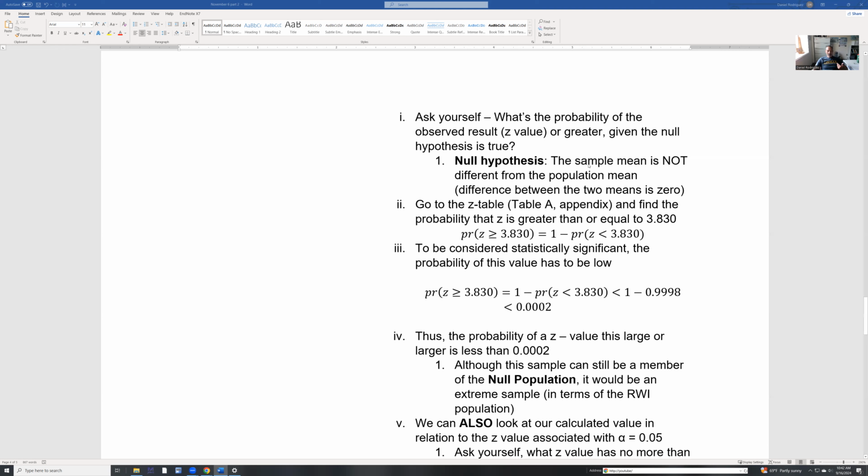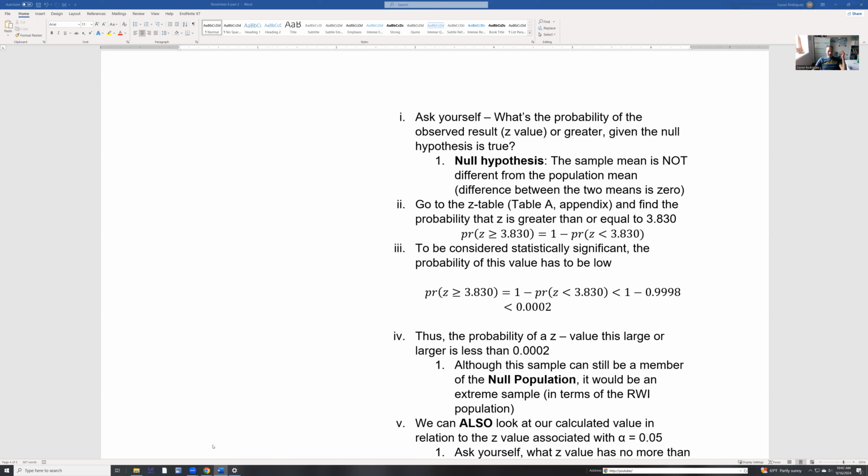So we're going to look to see how far away 3.830 is from the population mean. And the way we're going to do that is we're going to look at probabilities. So we're going to ask, what's the probability of a value of 3.830 or greater given the null hypothesis is true? What's the probability that z is greater than or equal to 3.830? So that's what we want to know.